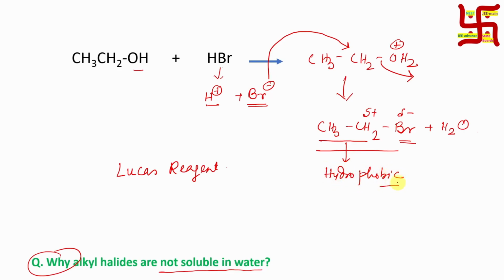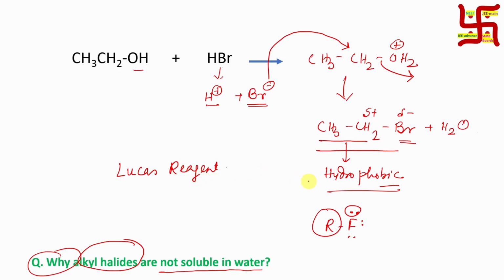Hydrophobic means it does not like water, so it doesn't want to go into the solution. You can say, sir, if fluorine can form a hydrogen bond with water, maybe possible, and this side may be positive. But what about the R? This is hydrophobic, so it doesn't allow it. That's why all alkyl halides generally are not water soluble. So there will be a clear layer separation.